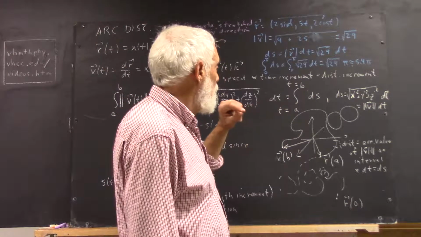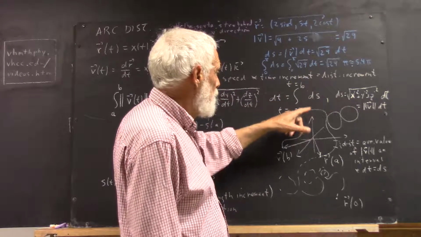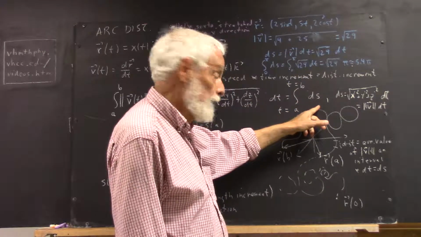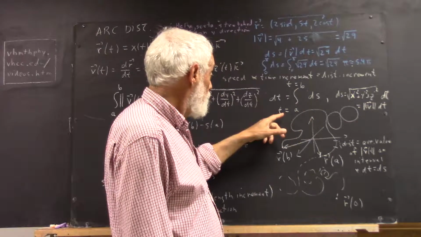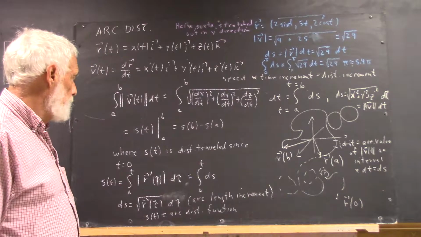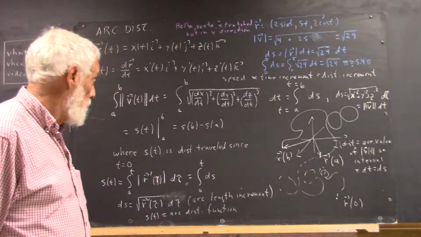Okay, so we say this is the integral of ds, the integral of our distance increment from t equals a to t equals b. So we're going to say that that equals what?